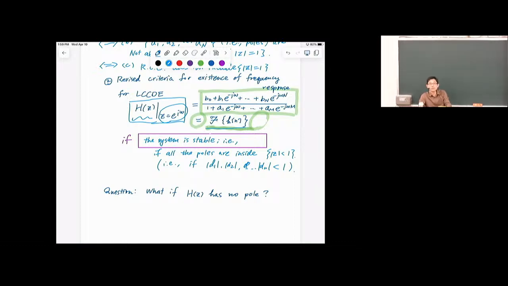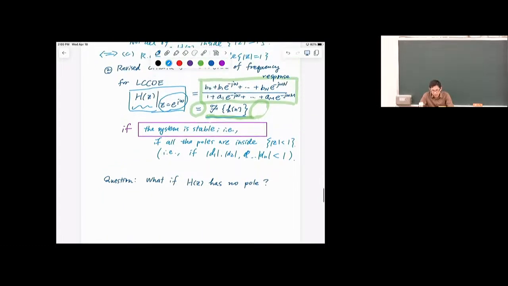It doesn't make sense to talk about frequency response. The gain is always infinity. For any little input, the system diverges. It doesn't make any sense to talk about frequency response if the system is not stable to begin with. All right, so far so good?